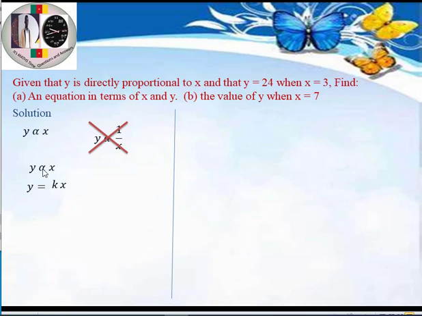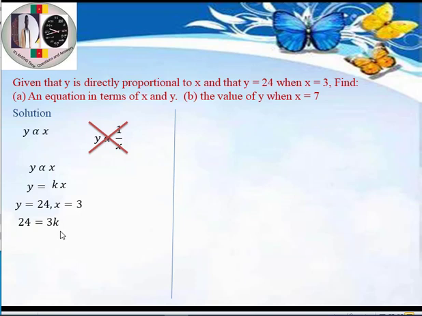Now that we have y equals kx, we know that y is equal to 24 when x is equal to 3. So we are simply going to change y equals kx to 24 equals k times 3. So we are going to have 24 equals 3k. So we need to solve for the value of k, the constant of proportionality.